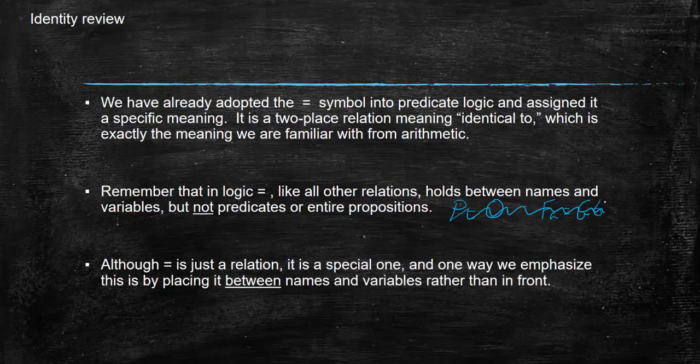So although identity is just a relation, it's a special one. And one way we emphasize this is by placing it between names and variables rather than in front. So if we had wanted to, we could have chosen to write it like that, but we don't.